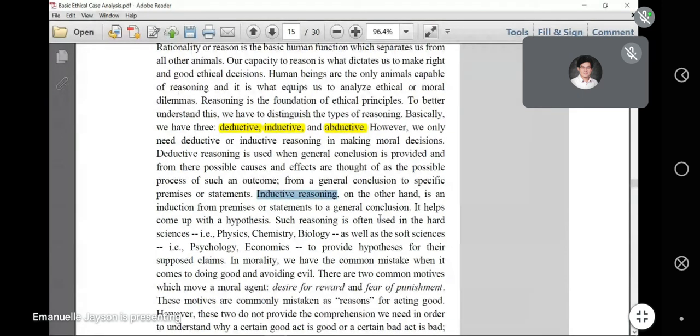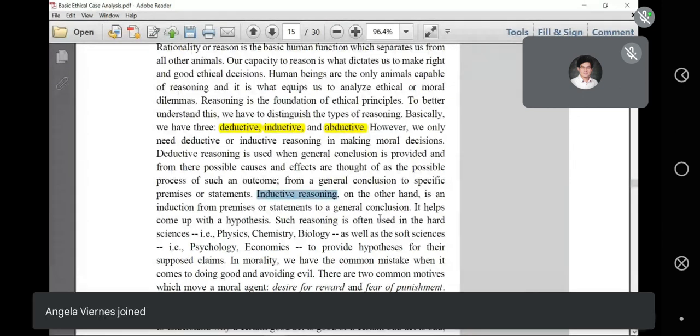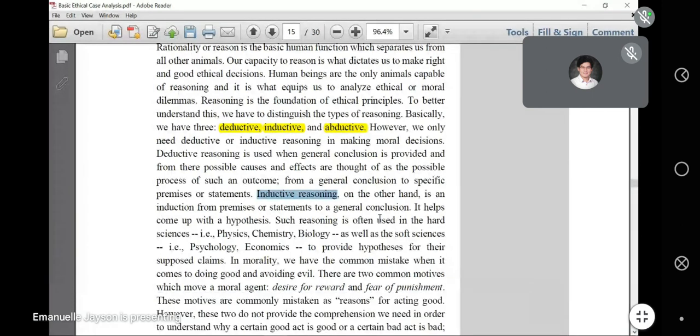'Pag ikaw nangangailangan ng pagkain, anong unang-una mong iisipin? Ano yung unang puwede mong gawin? Let's say wala kang mapag-utangan, magtrabaho, 'no? Yun yung hinahanap ko, magtrabaho siyempre.